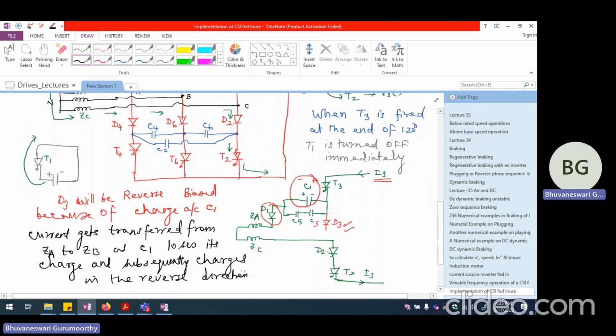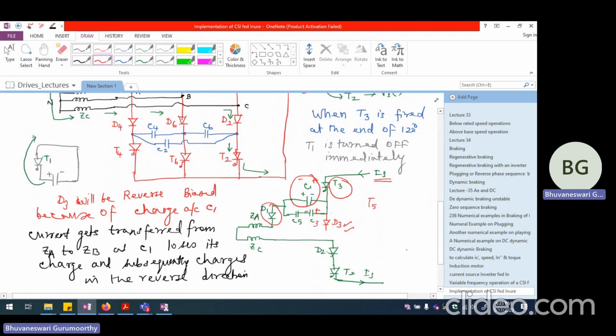And in the meanwhile, we are going to see that C3 charges again with plus here and minus here, which will make it ready for commutating T3 when T5 is fired.